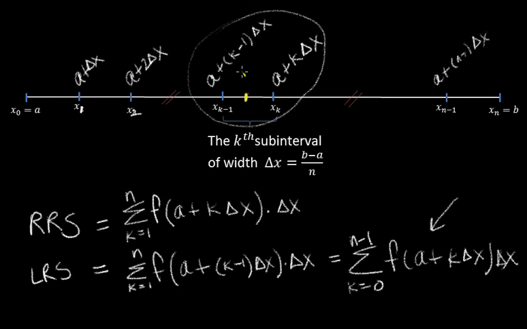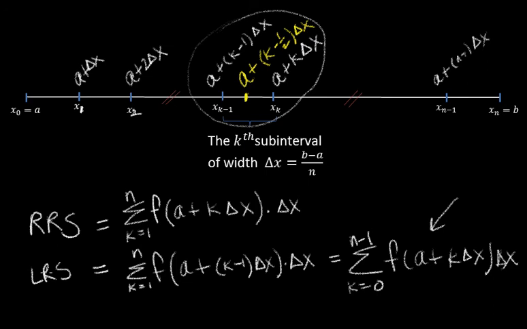It's going to be a plus k jumps and back a half: a plus (k minus 1/2) times delta x. A plus, jumping over k jumps of delta x and backing up 1/2 of delta x.